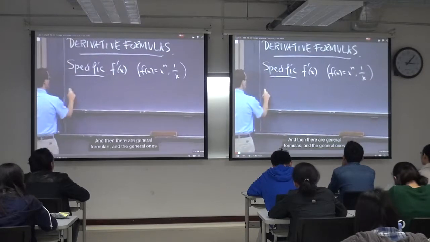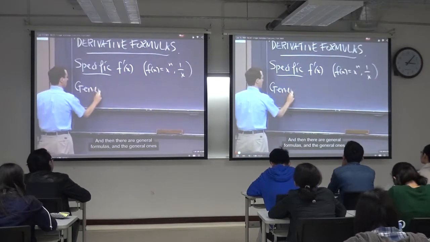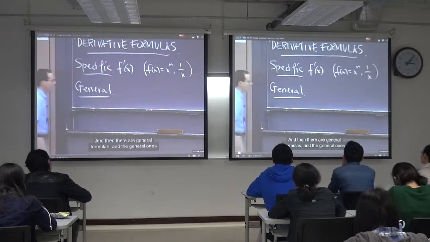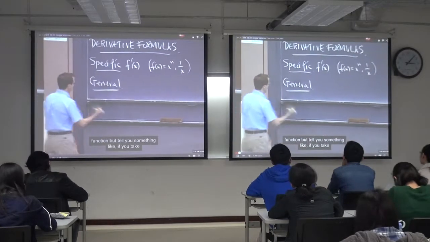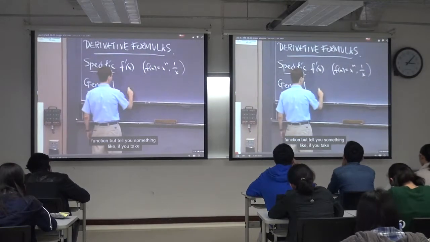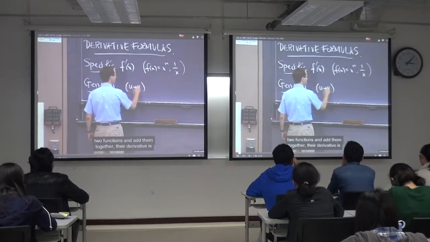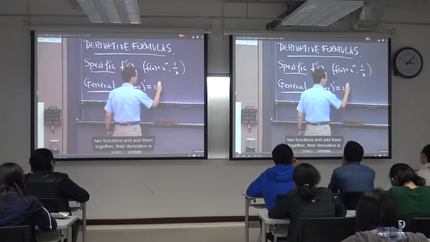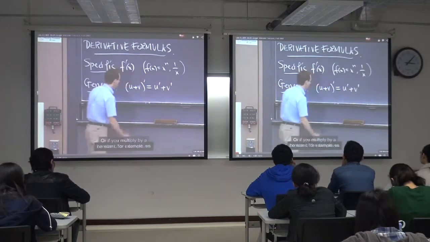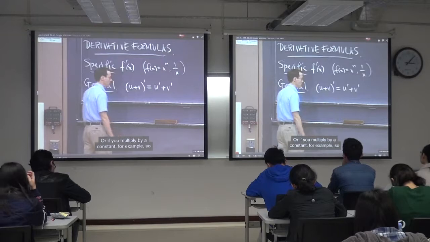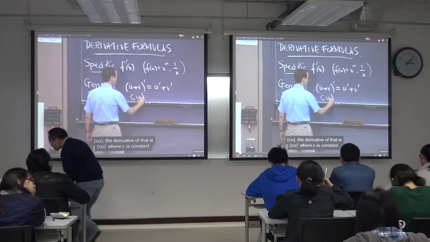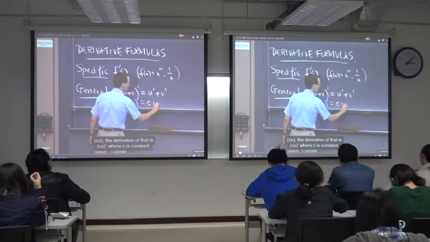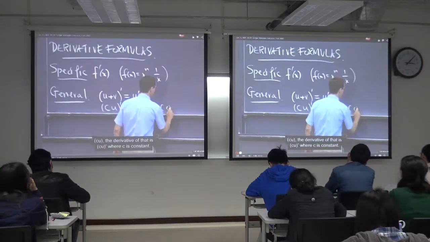And then there are general formulas, and the general ones don't actually give you a formula for a specific function, but tell you something like, if you take two functions and add them together, their derivative is the sum of the derivatives. Or if you multiply by a constant, for example, so c times u, the derivative of that is c times u prime, where c is constant.